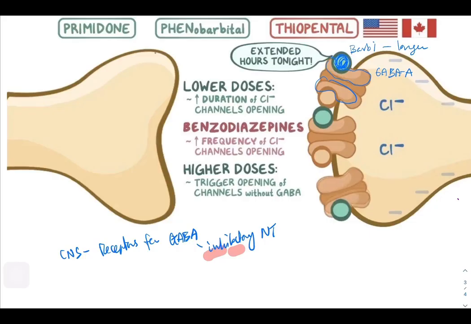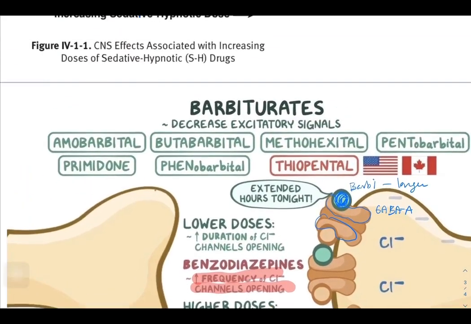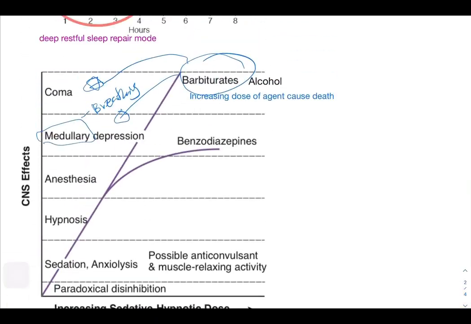So benzo increases the frequency of chloride channel opening. Like this one here. Barbiturate at lower dose keeps the channel open longer. That's their relationship. And if you take a lot of benzo, in comparison to barbiturate, it just plateaus and flattens out. That's why benzo is still safer than barbiturates.